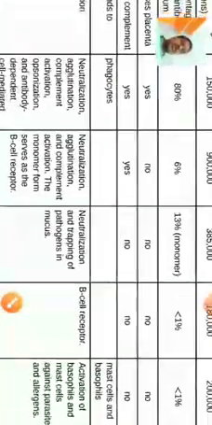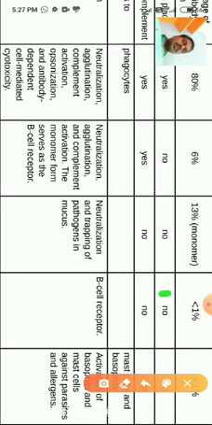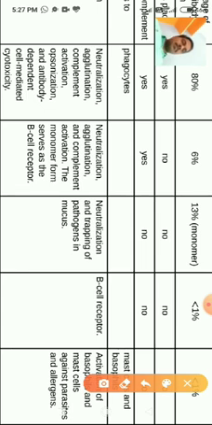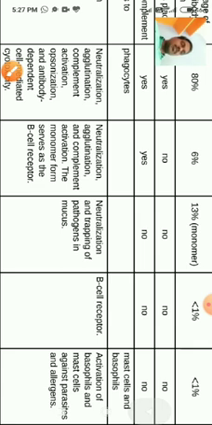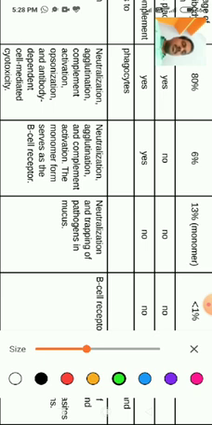And then IgE and IgD. IgD has no main function; we don't know what the important functions of IgD are. There is no evidence for the function of IgD, but IgE is very important. It is very important in the activation of basophils, and it also activates mast cells.